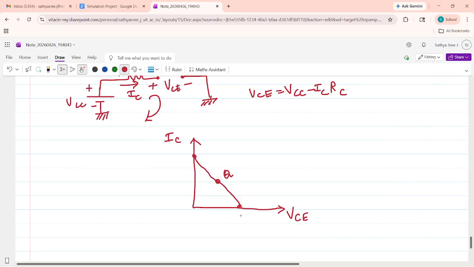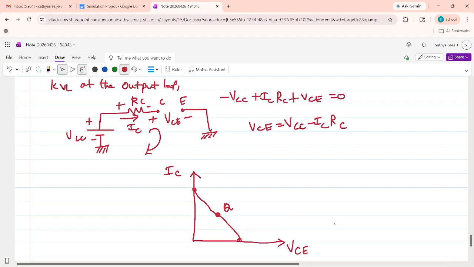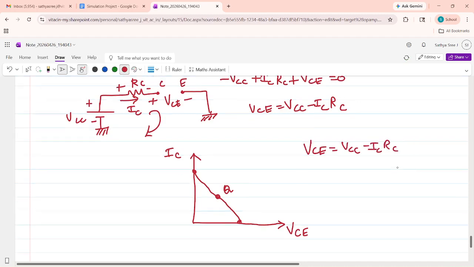Now I have to calculate the point on the x-axis and the point on the y-axis. To calculate the point on the x-axis, we make the y-axis value 0. So from this equation, VCE equals VCC minus ICRC.